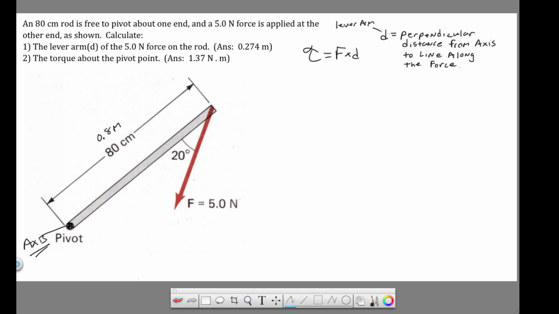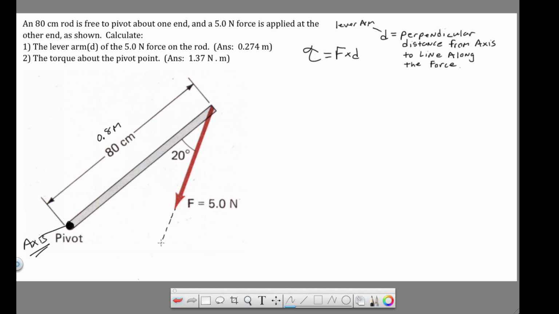So we've defined our axis. This is the point where the rod will rotate from, and here is the force. As it is now, we can't draw a perpendicular distance to the force because there's no way that's going to be perpendicular. So what we need to do is draw a line along the force.